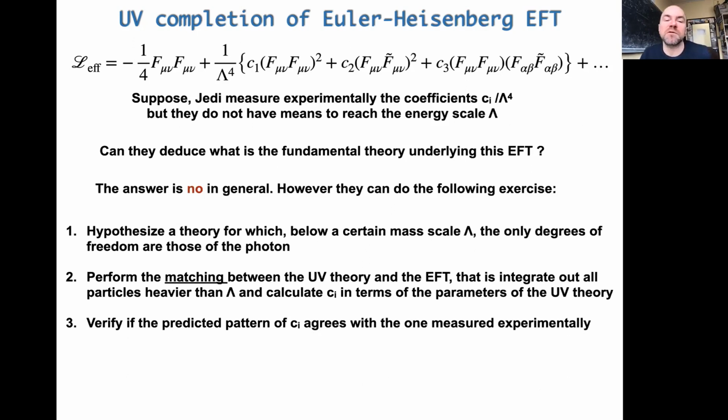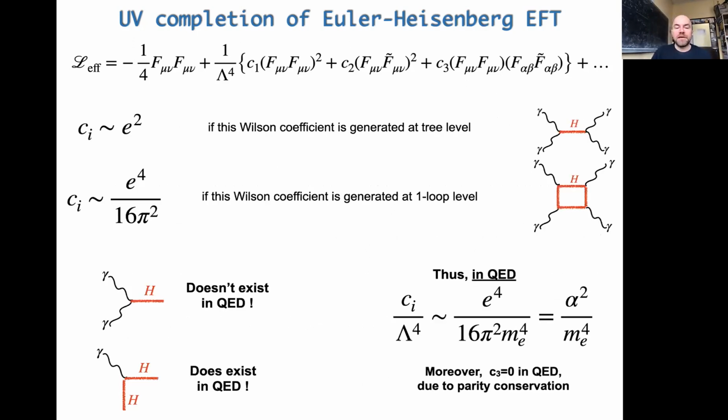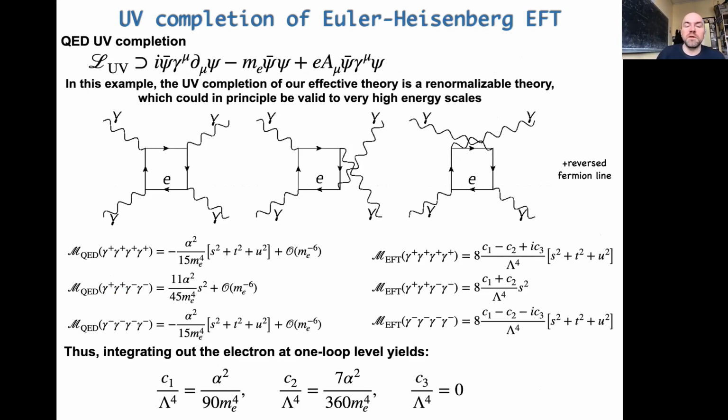Of course, we know that in QED, if you go to higher energies, above the validity of the EFT, these four-photon interactions do exist, because we can exchange, for example, a loop of electrons, and this will effectively give us an interaction between four photons.